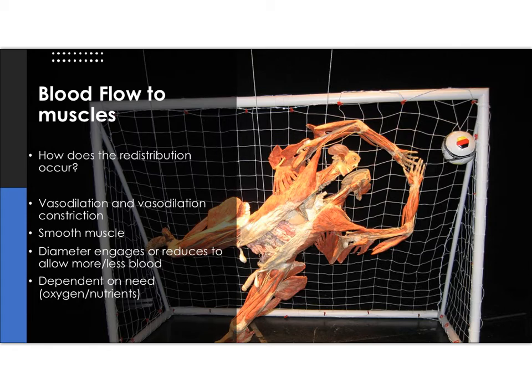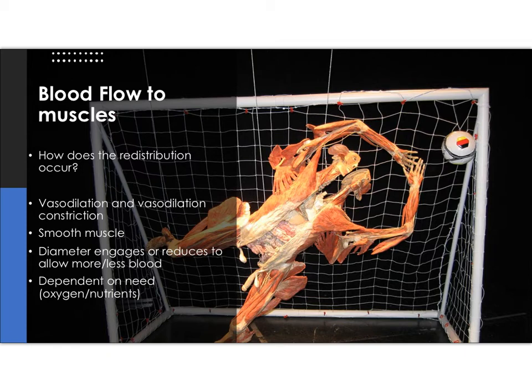So for the areas that the blood is not required, vessels will vasoconstrict, and the areas where the blood is needed, the vessels will vasodilate, allowing more blood flow, increased blood flow. That's how distribution works. The diameter enlarges, and reduces to allow more or less blood through. How does that happen?